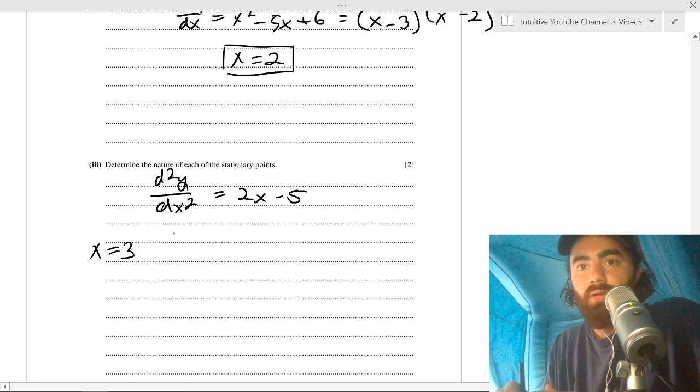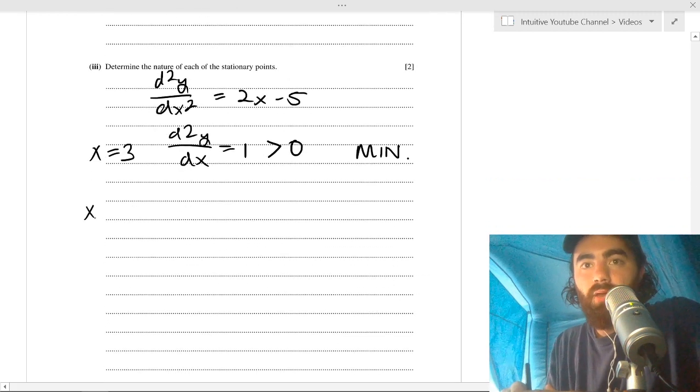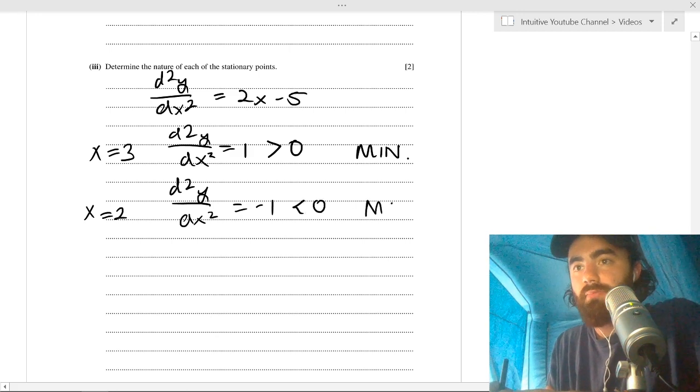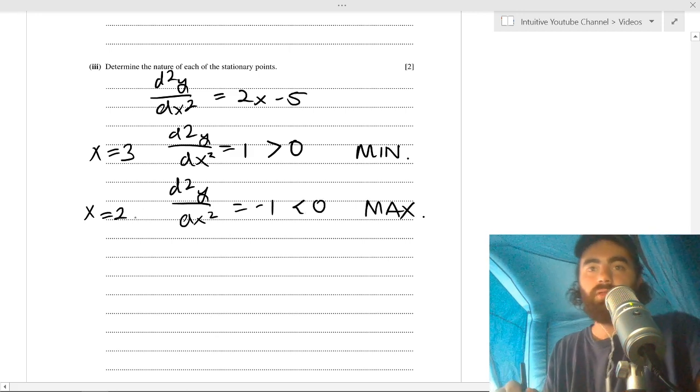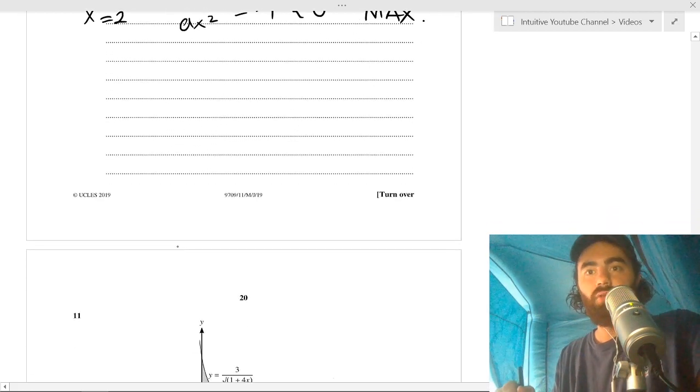So at x equals 3, our second differential equals 2 times 3, which is 6, minus 5 equals 1, which is greater than 0. Therefore, this is a minimum stationary point. And then when x equals 2, the second differential equals 4 minus 5, which is minus 1, which is less than 0, so that is a maximum. So the stationary point at x equals 3 is a minimum, and the stationary point at x equals 2 is a maximum.